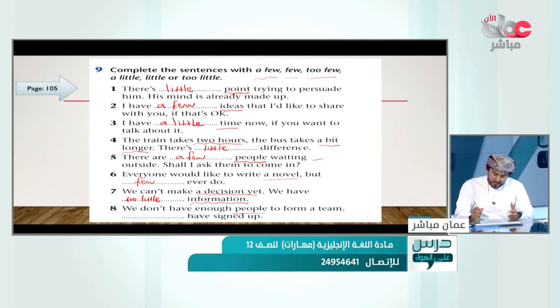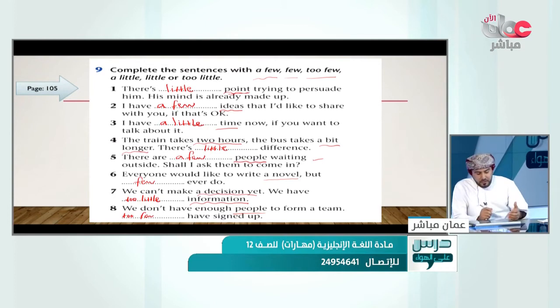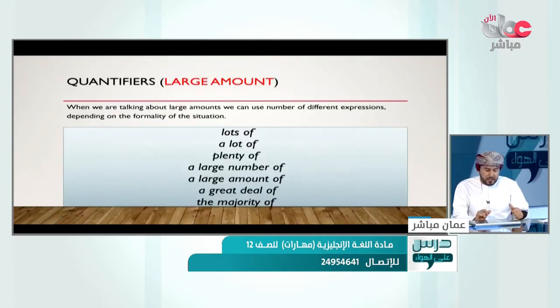So the answer is "too few". This is very negative, and it's not enough. So this is the task here, and let us move to the second part of quantifiers.